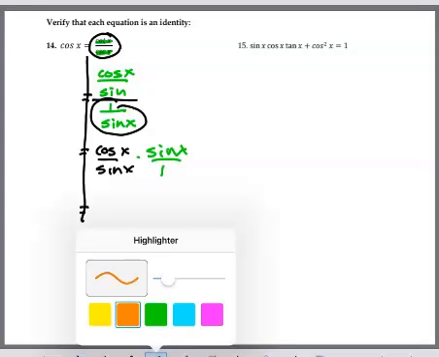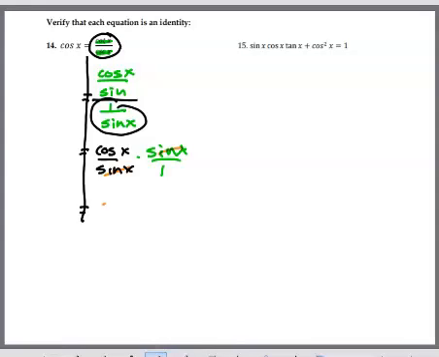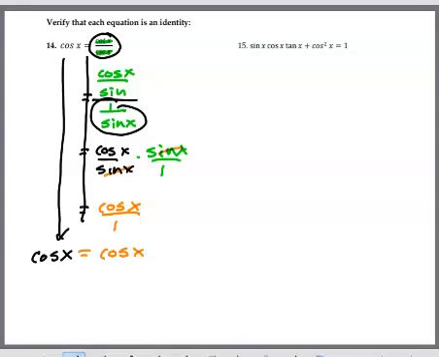See if I can cross anything off. I end up with cos over 1. And what do you know? That's cos, right? So this cos on the left is now equal to the cos on the right.